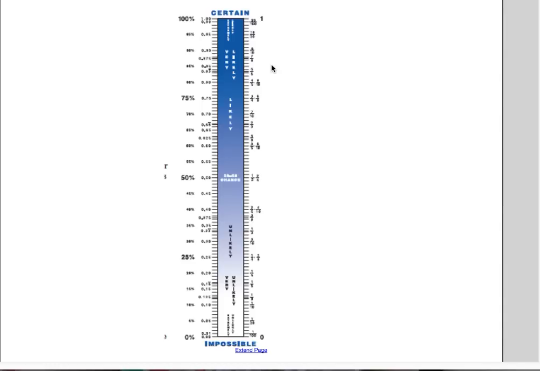Now, as I said, there is a probability meter on page 402 in the student reference book. There's also a probability meter in the back of your student math journal on page 205. Try to remember that these resources are available for you. Don't just guess. Until you're really familiar with the probability meter, get in the habit of looking it up.